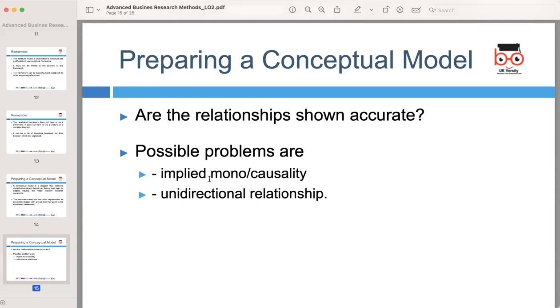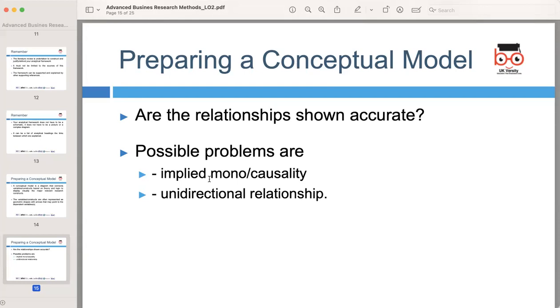It is essential to recognize that most relationships in complex systems are multidimensional and involve multiple factors. Therefore, we should avoid assuming a single cause or effect without considering other potential influences. Next one is the unidirectional relationship.